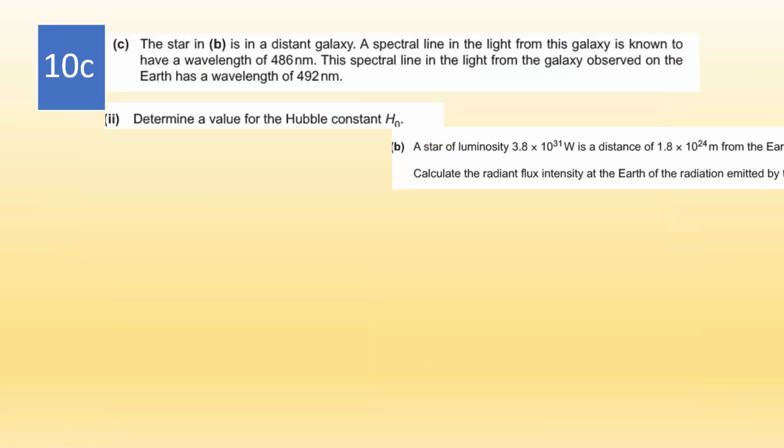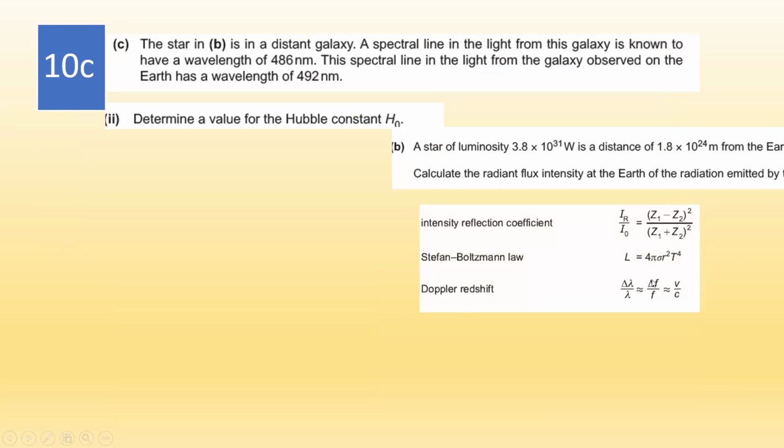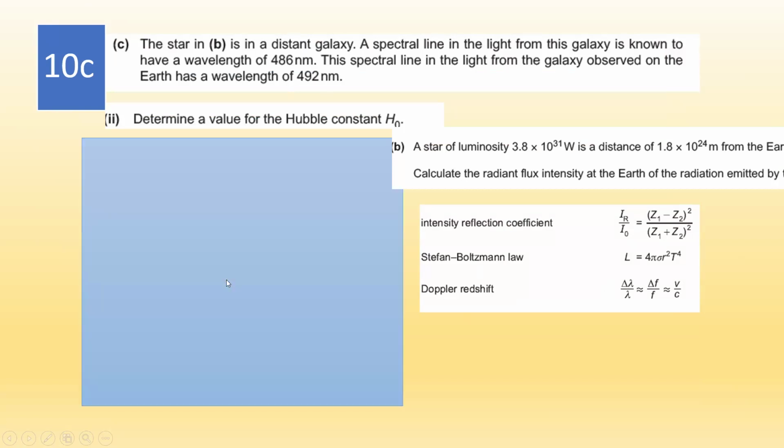Determine the value of Hubble's constant. What formula do I use? H naught equals V over D. Right? That's your formula. You're given your wavelength. V is the speed of the moving or receding galaxy.